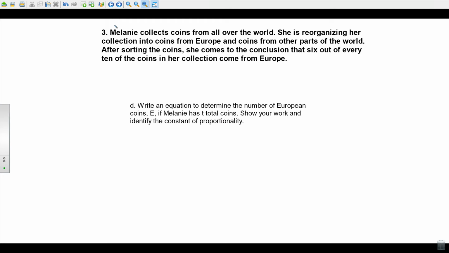Moving on to part D, write an equation to determine the number of European coins, E. So E stands for European coins, if Melanie has T total coins. Show your work and identify the constant of proportionality. Well, the constant of proportionality is the ratio that these European coins are to the total, which we said was 6 to 10.